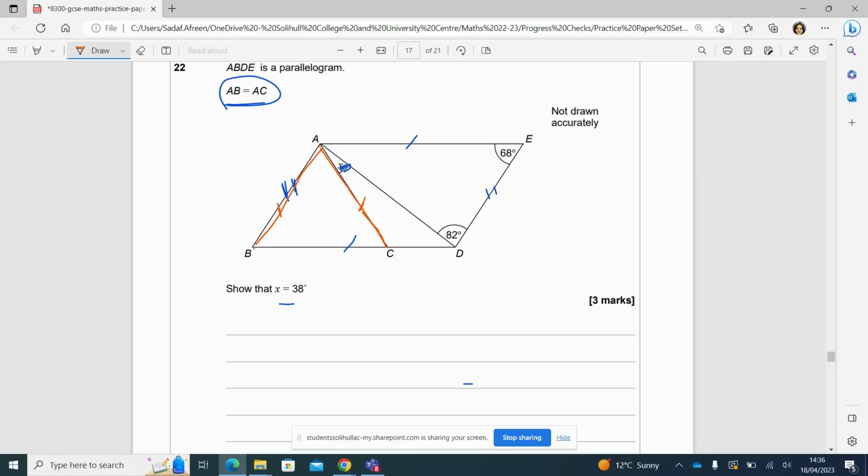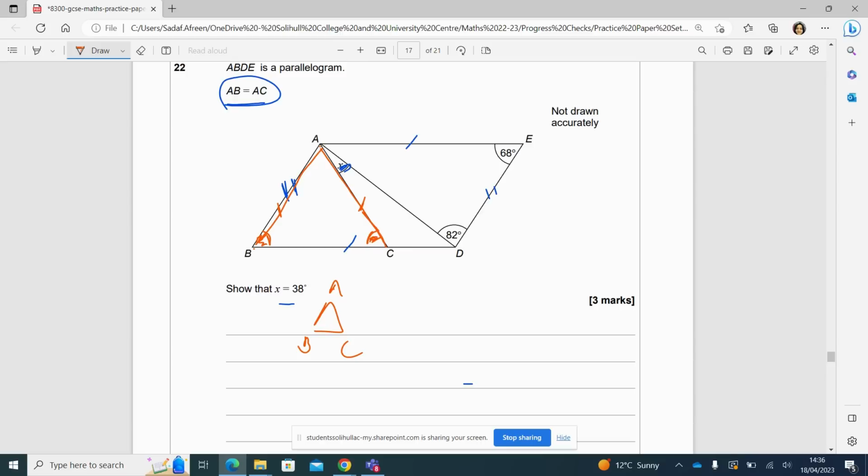And we know that a triangle which has a set of lines which are equal is called an isosceles triangle. That means triangle ABC is an isosceles triangle. Okay, that means that this angle and this angle will be equal in the isosceles triangle.